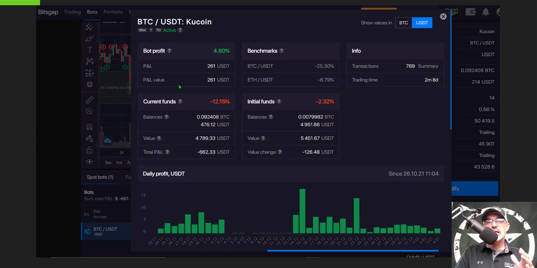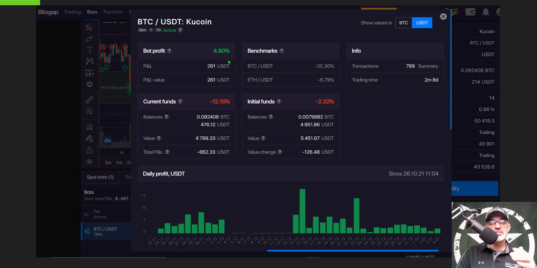All right, when you're looking at your Bitsgap numbers, the most important numbers are your current funds. Those are supposed to represent your current position and the results. Bot profit is essentially what would be added back into this balance down here, along with the change in actual price of the Bitcoin that you're now holding.